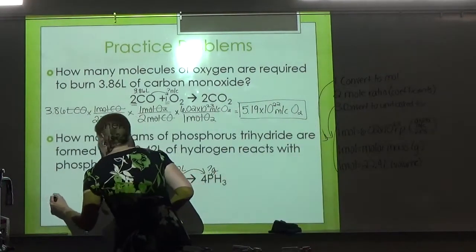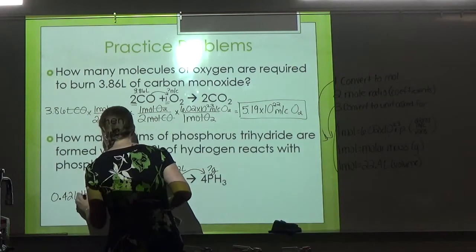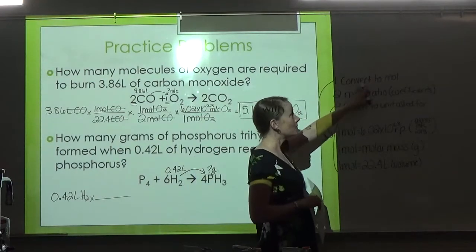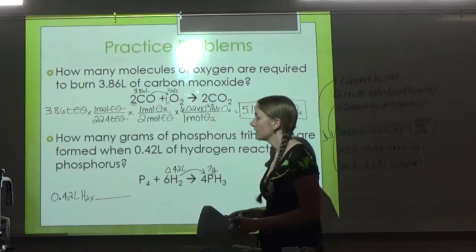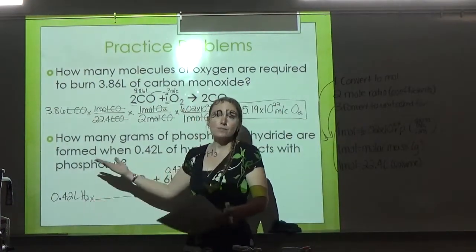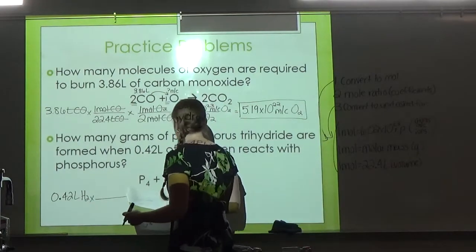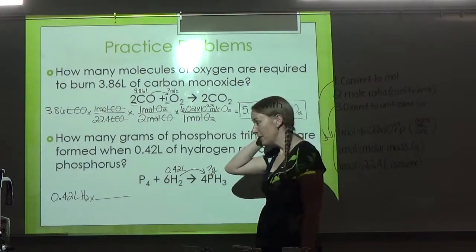So I have 0.42 liters of hydrogen, which is H2. So my first step is convert to moles. So I use molar mass to convert to moles. Well, hydrogen's 1 times 2 is 2 grams per mole. Sorry, we're starting with liters. We're not even starting with grams. Sorry about that. Okay, just kidding.